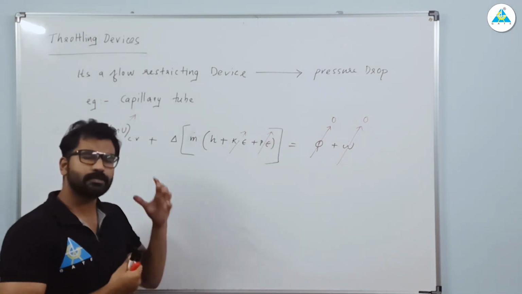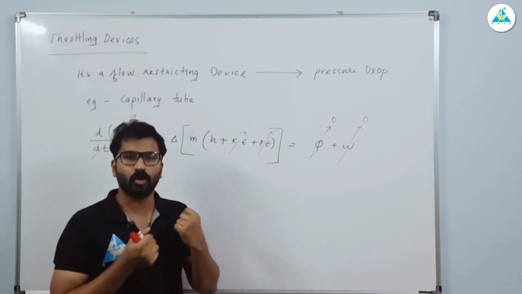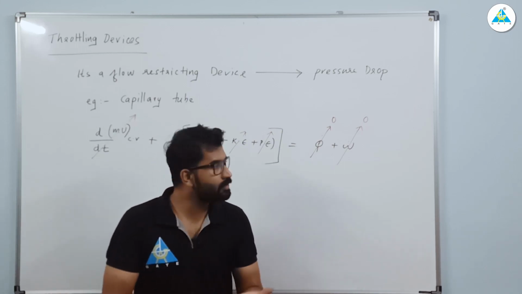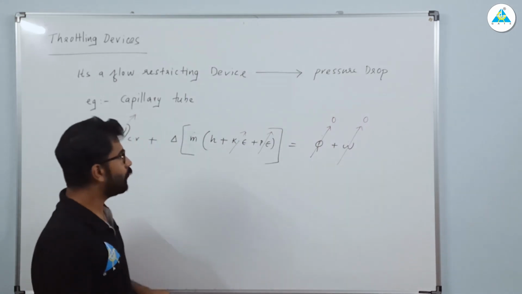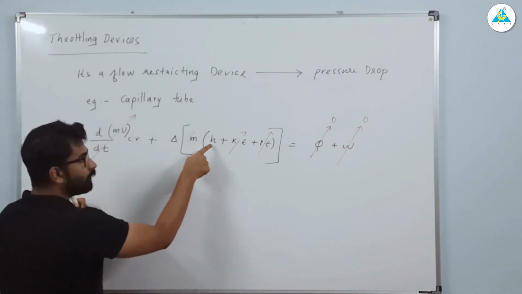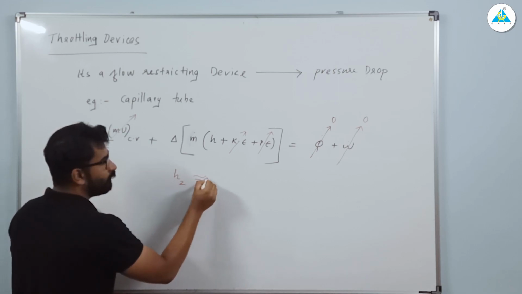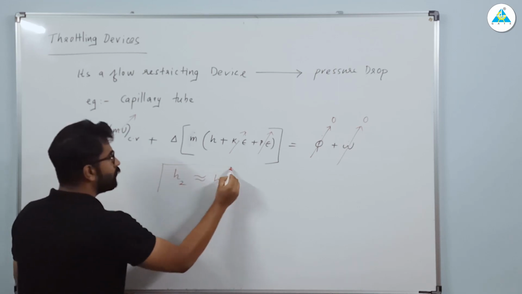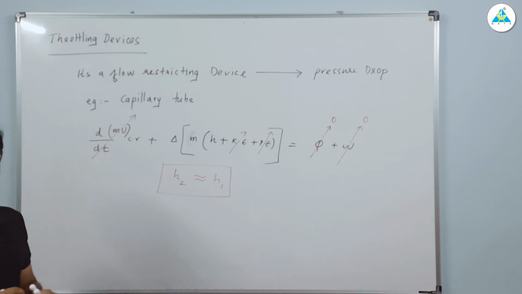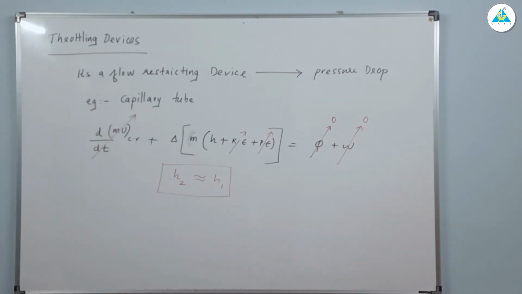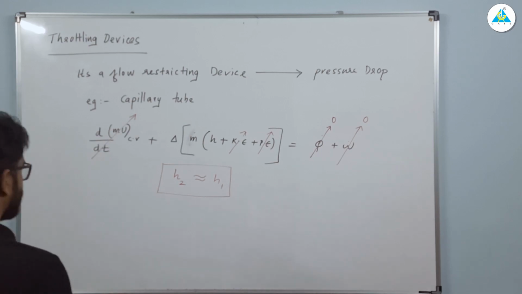This is the common assumption we make in thermodynamics. Clear? Now from this we can say only the enthalpy term is there, so the outlet enthalpy will be approximately equal to the inlet enthalpy in the case of throttling devices. Can you understand that? All the other terms are cancelled out.